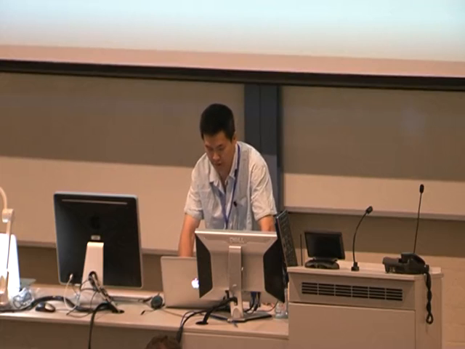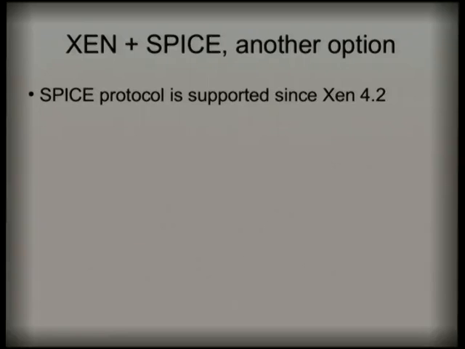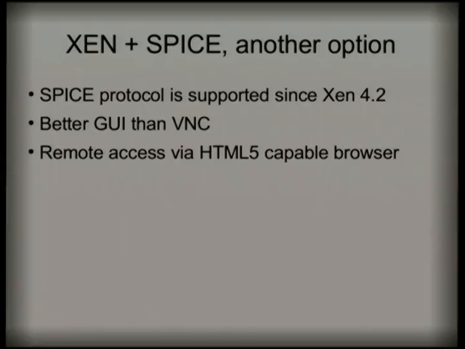Besides that, we also set up another alternative option for the networking labs. Since Xen 4.2, they support the SPICE protocol, which is similar to VNC, a remote desktop protocol, but it has much better GUI performance than VNC.